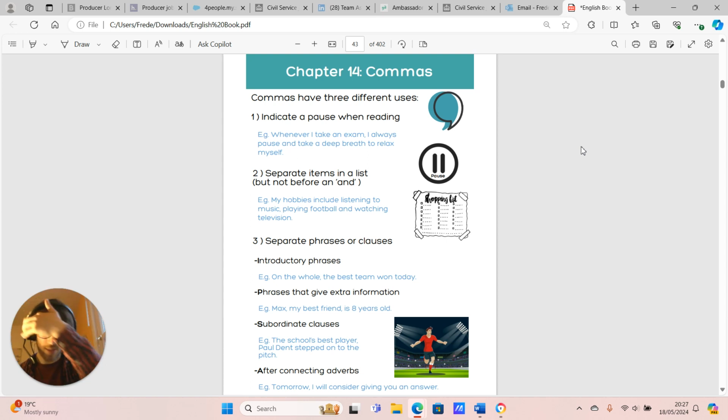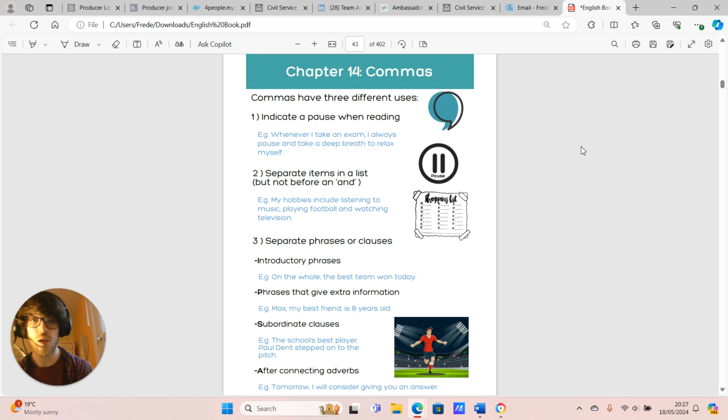So, listing, they separate items in a list. You have something, and then something, and then something. Here you go. Hobbies include listening to music, playing football, going on a run, reading books, and watching television. All of those need to be separated by a comma, otherwise you just have words and words and words and words without a verb.